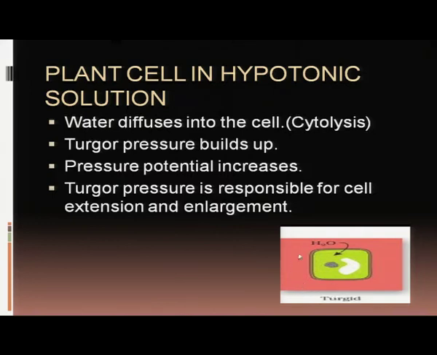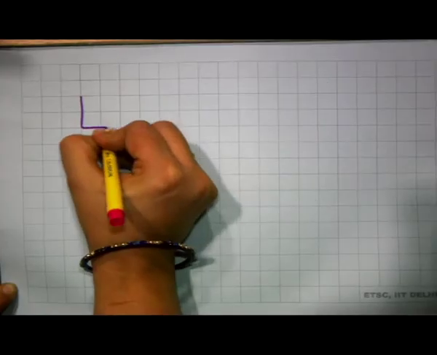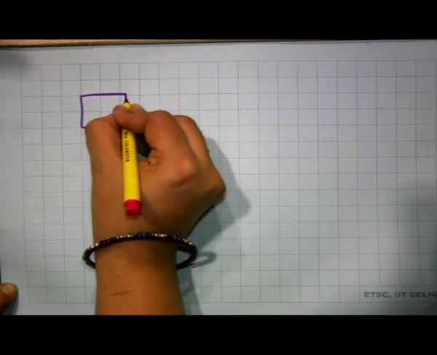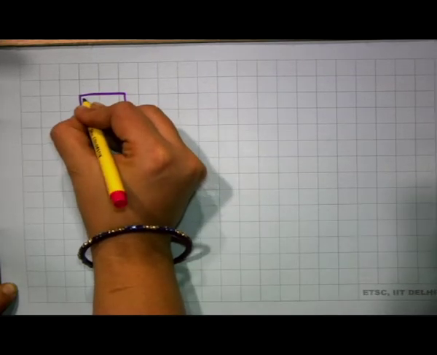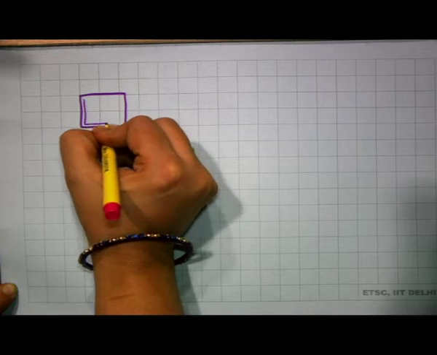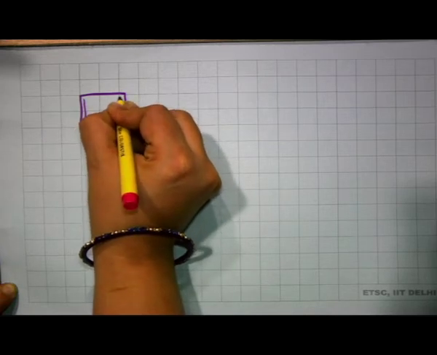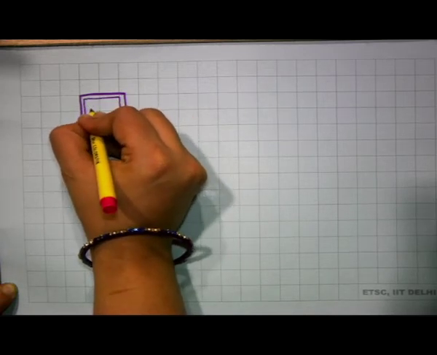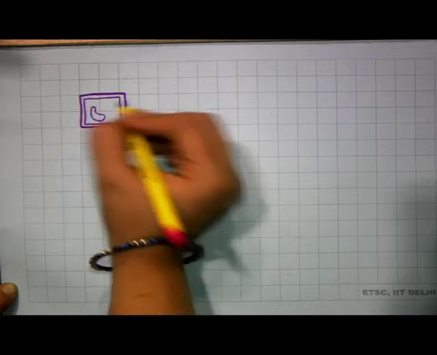A cell was put in a hypotonic solution, water moved in and the cell became turgid. Suppose this is a normal cell. This is the cell wall, cell membrane, and a vacuole.